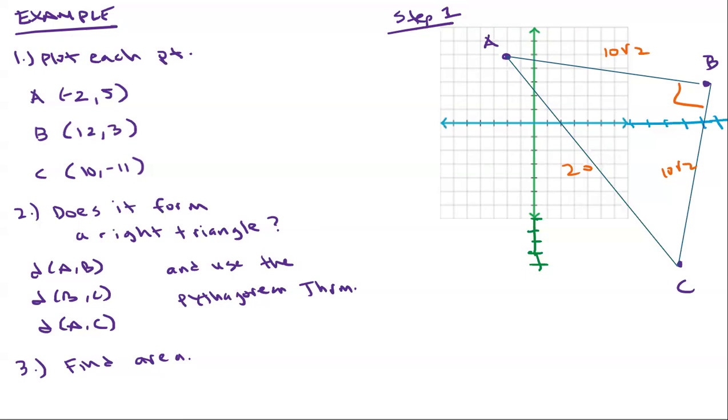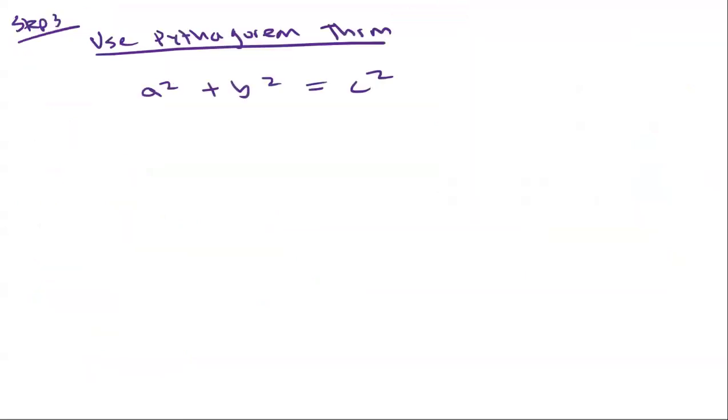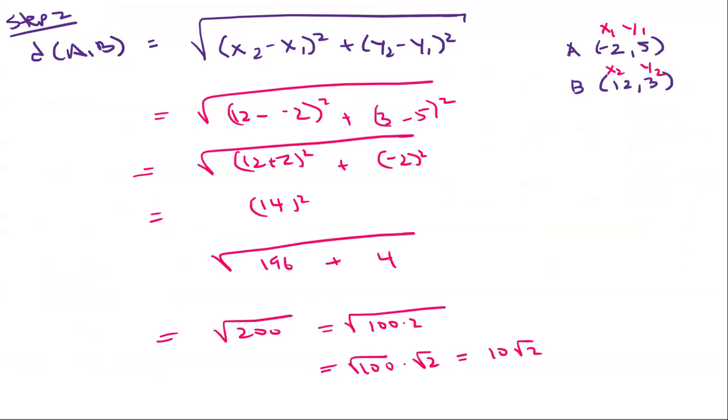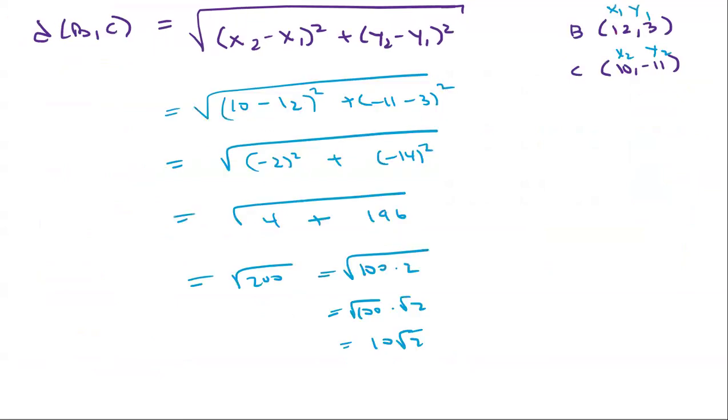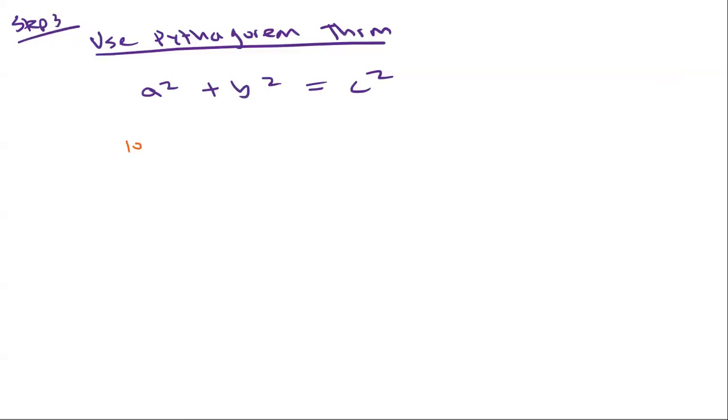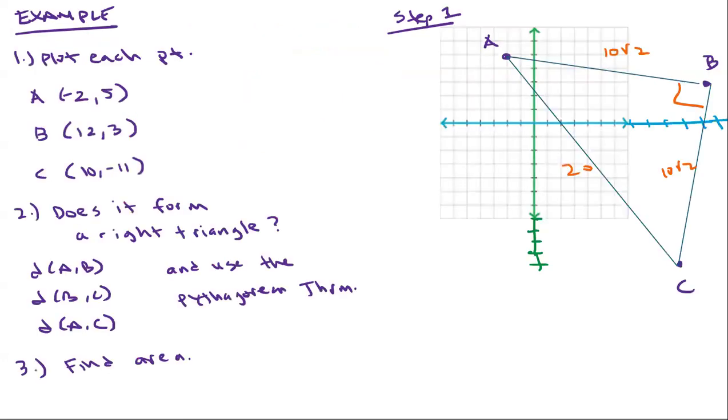All right, so let's go ahead and plug in this information. For A, we have 10 radical 2, and we also have 10 radical 2 for B. So A is 10 radical 2 squared, and then 10 radical 2 squared. And then C is our longest side, which is 20. Well, that's what we're claiming.